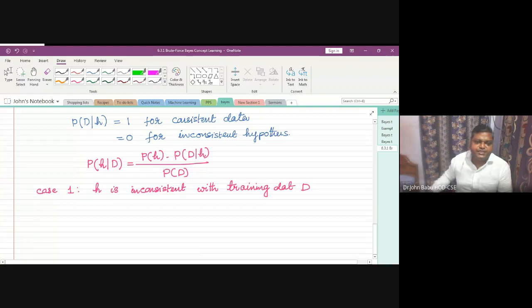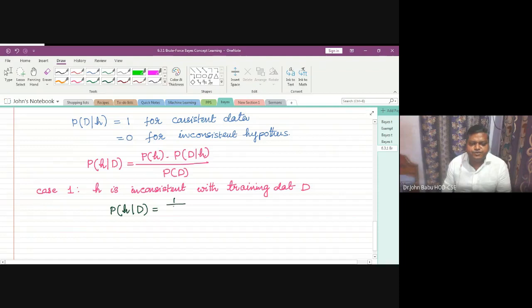So when it is inconsistent, what is the likelihood here? 0, right? When it is inconsistent, the probability of h given d is equal to, probability of h is, what is the probability of h?